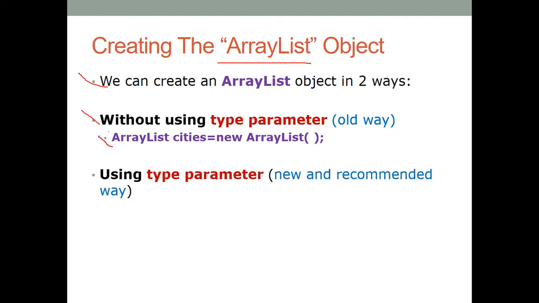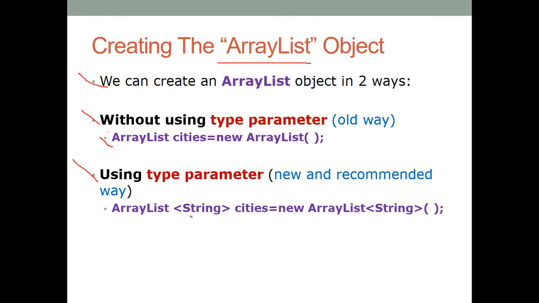But right now the recommended way is using the type parameter, which is called with generics. So ArrayList of String city = new ArrayList of String. The angle brackets are generics, and in them you define an object type, restricting it and making the collection type safe.